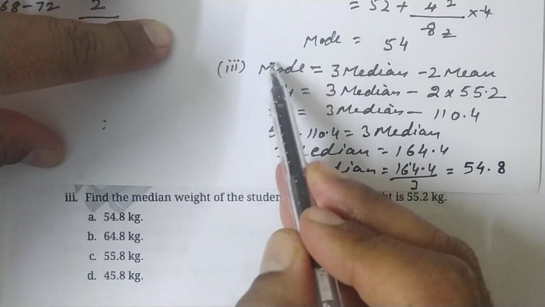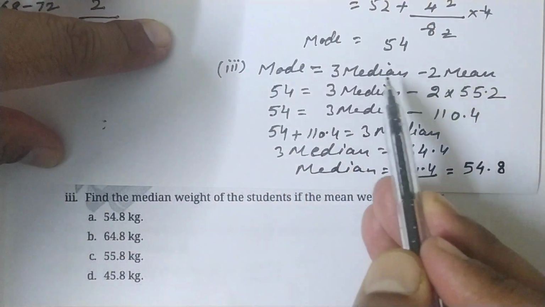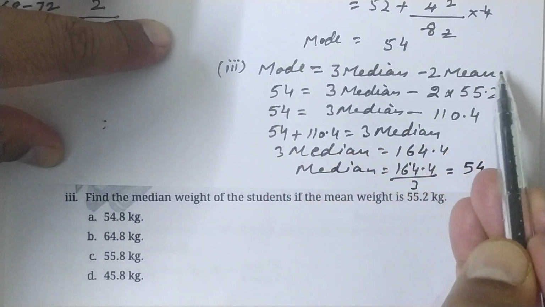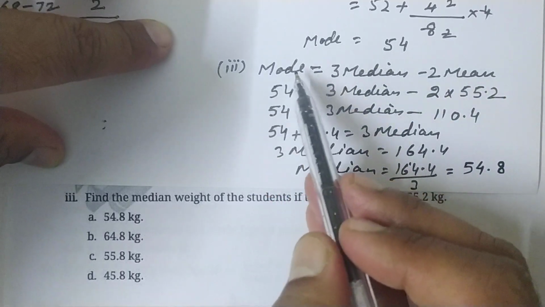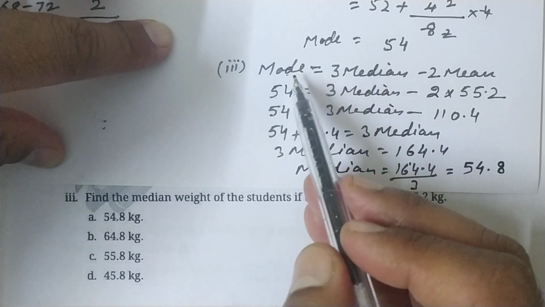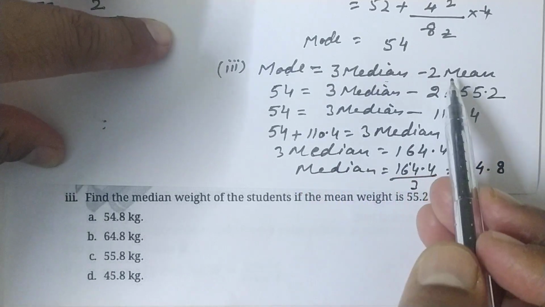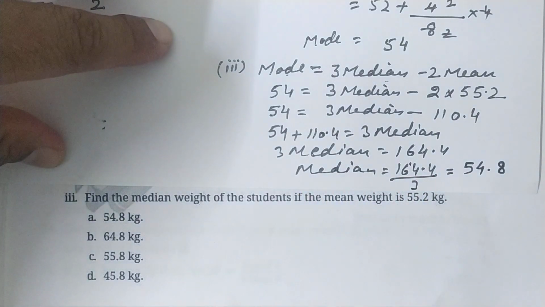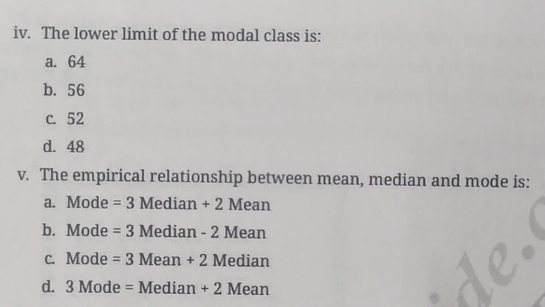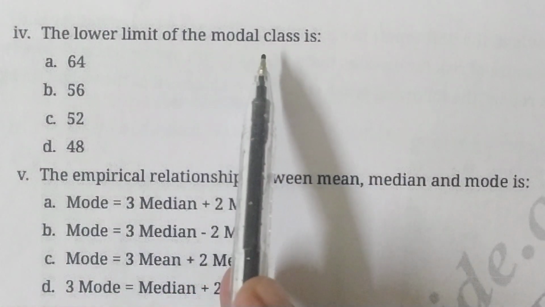So again I tell you, this is called the empirical formula, which gives the relationship between these three central tendencies: mean, median, mode. The formula is mode is equal to 3 median minus 2 mean. So the next part is: the lower limit of the modal class is.